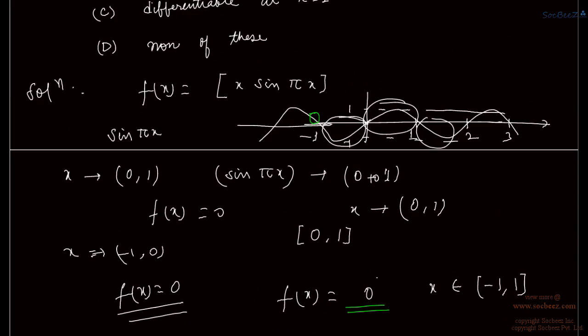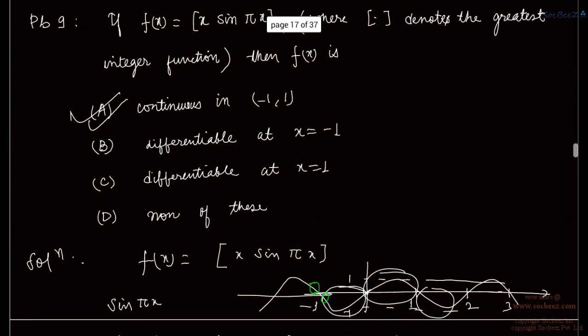At x equal to -1, just before and just after, we are not getting the same value. For x just less than 1, f(x) is 0, and for x just greater than 1, f(x) is -1. Similarly, for x just greater than -1, f(x) is 0, and for x just less than -1, f(x) is again -1.